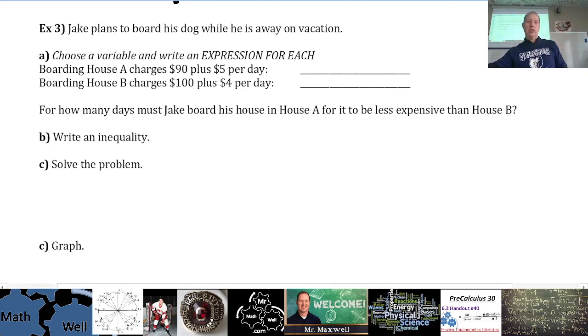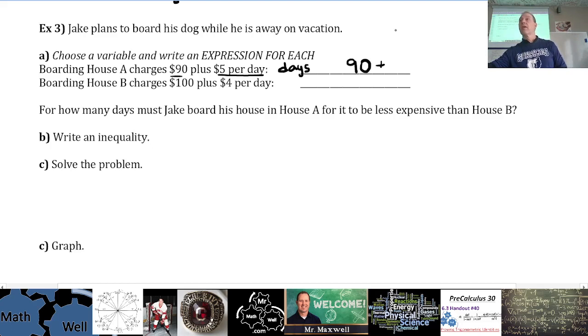So a boarding house charges $90 plus $5 per day. So let's say that D is going to be days, because that is what the cost depends upon, days. So it depends upon this rate plus 5 per day. So the expression for this is going to be $90 plus something. What's it going to be plus?